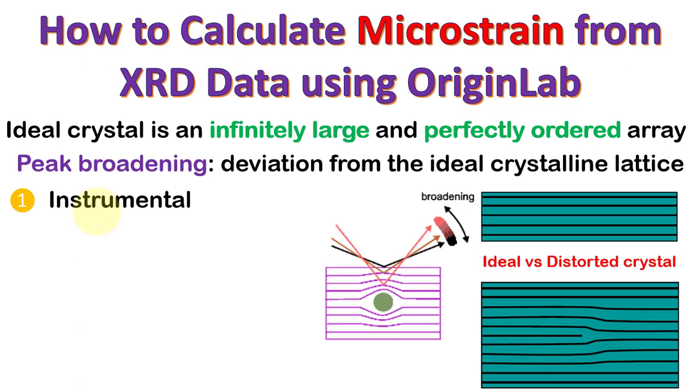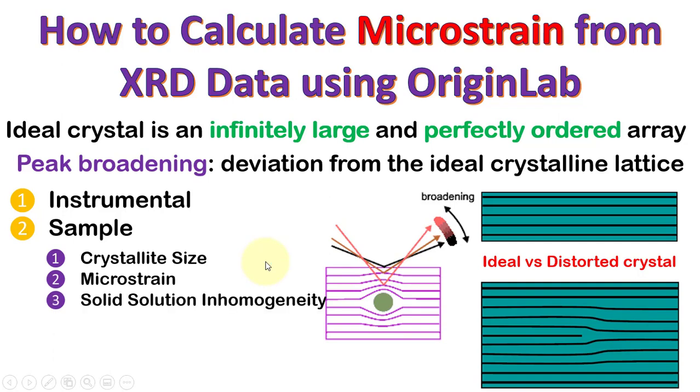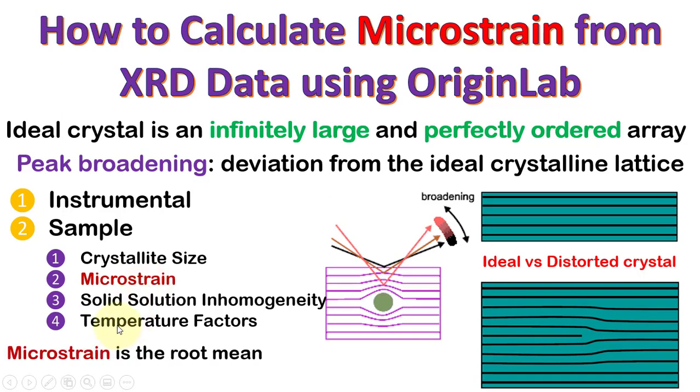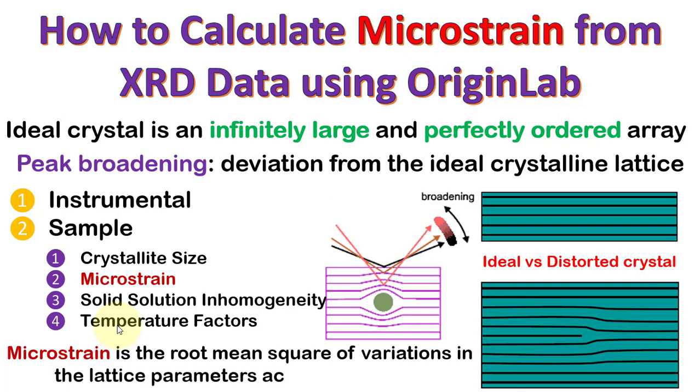Broadening caused by the sample may consist of many involved defects of the crystal, which include crystallite size, microstrain, solid solution inhomogeneity, and temperature factors. In this video, we will restrict to the microstrain only, which we define as the root mean square of variations in the lattice parameter across the sample.